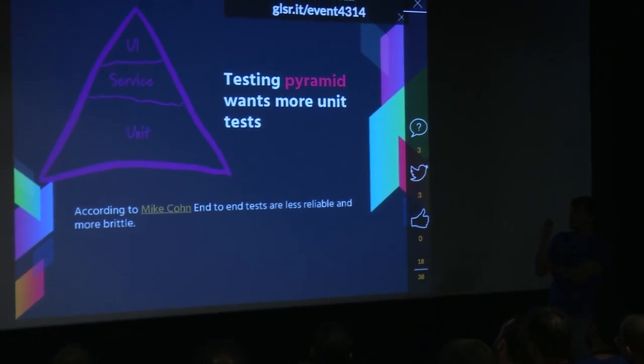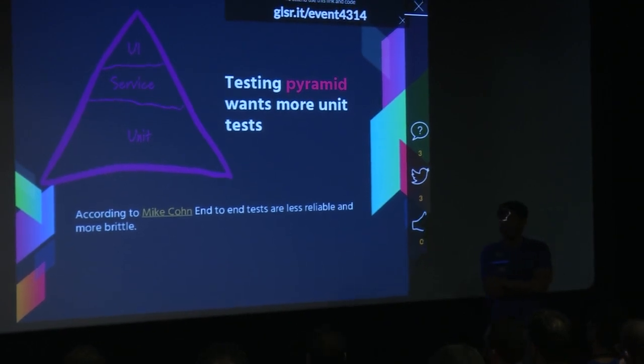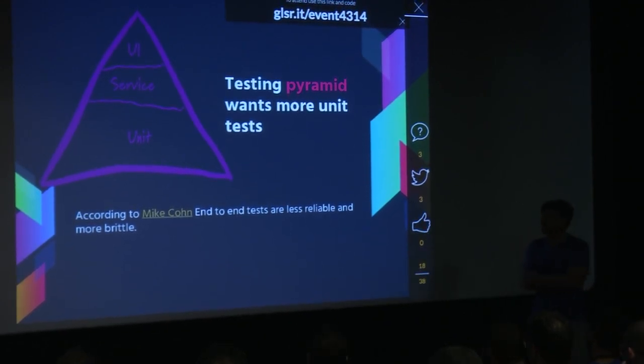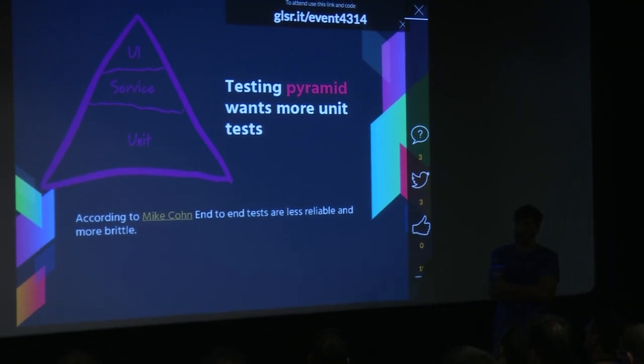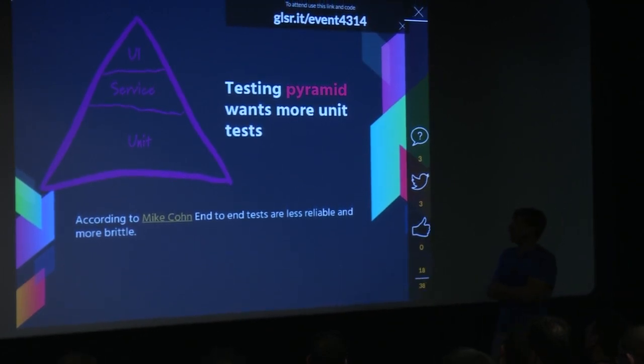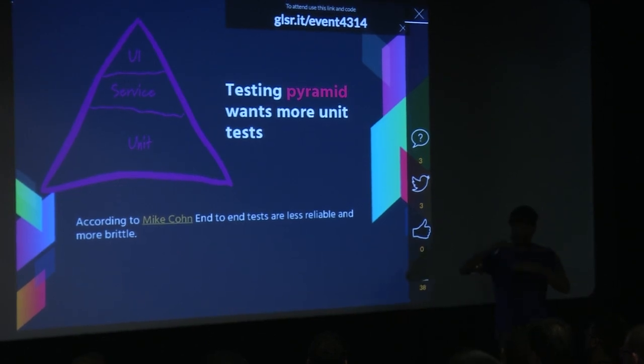But before, let's kind of rewind a little bit and go back to the types of testing that we have. I was reading about Mike Cohn in Martin Fowler's blog, and he was saying that your testing pyramid wants more unit tests. I said that you want all the types of tests, right?